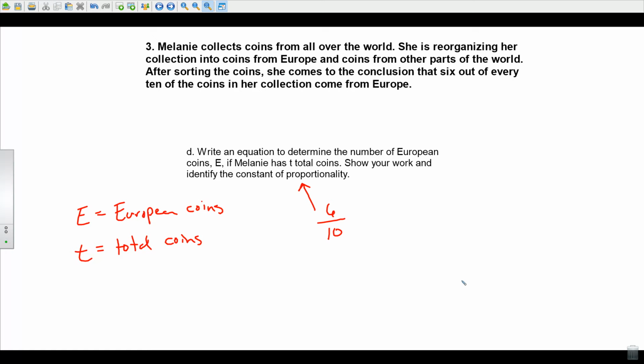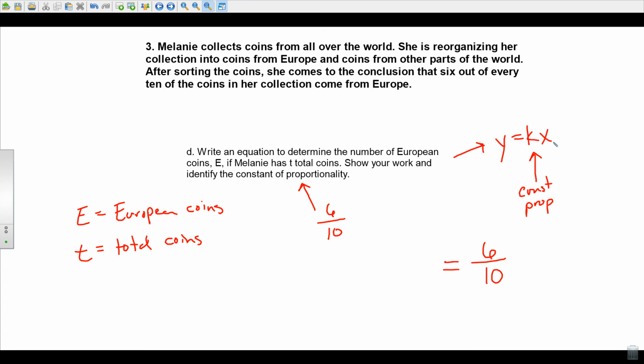Okay, so write an equation to determine, we know our equation is going to be in this form, y equals kx, where k is our constant of proportionality. So we know that's going to be 6/10. We just need to determine what goes in place of y, what goes in place of x.